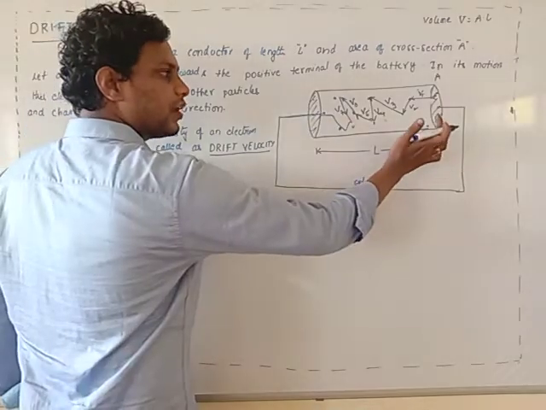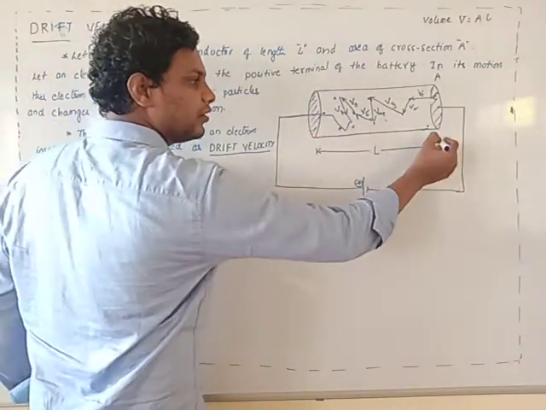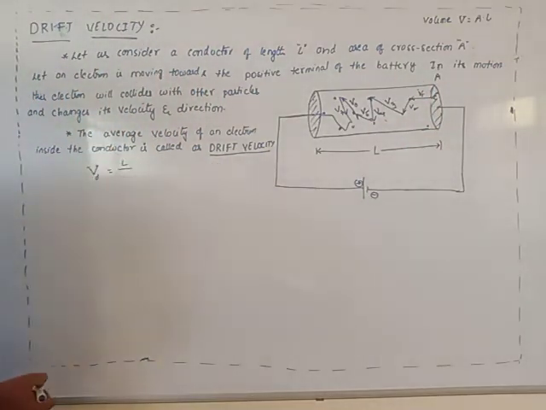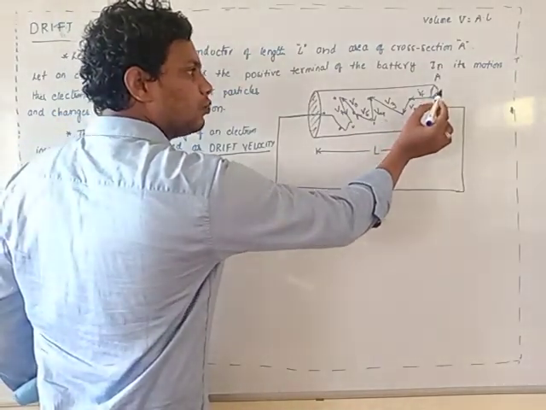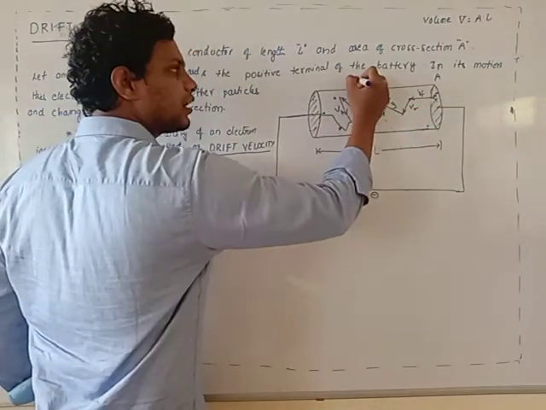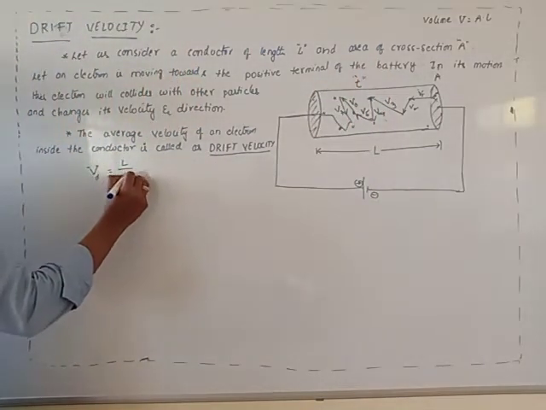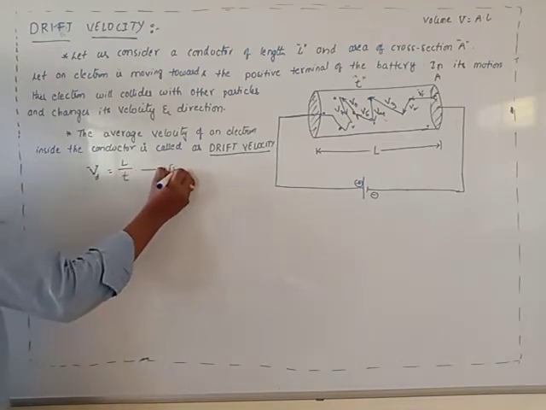The displacement is L. Let us consider the time taken by the electron to move from this end to this end as t. Therefore, drift velocity Vd is L by t. Let us take this as equation number 1.